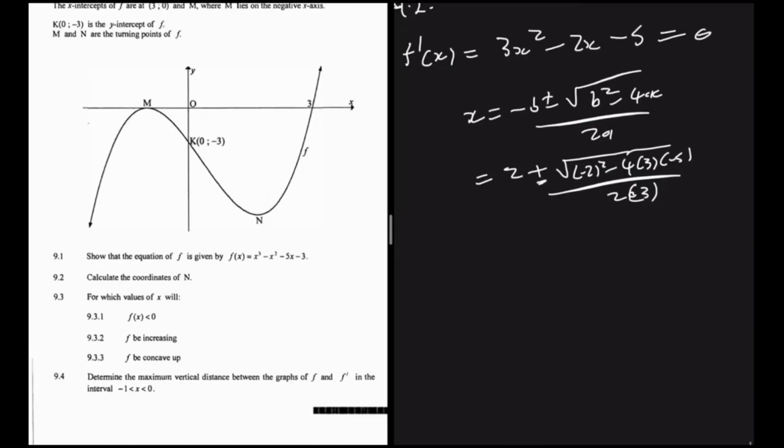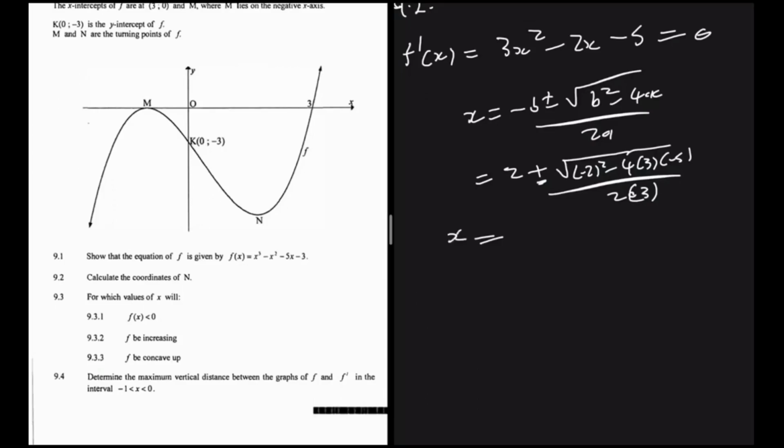Here we also have a minus. So let me put that in the calculator and see which possible solutions we can have here. So we have 2, let's start with plus, minus 2 squared minus 4 multiplied by 3 multiplied by minus 5, divided by 2 multiplied by 3.